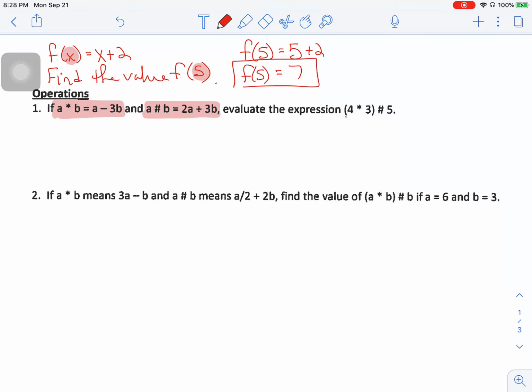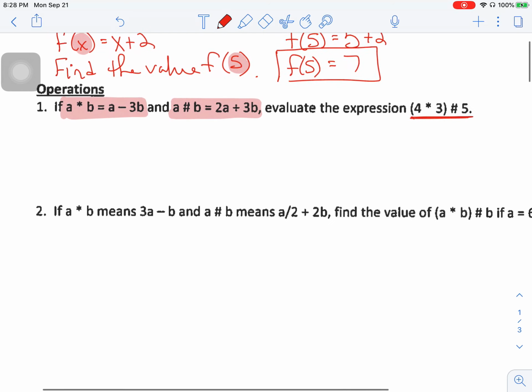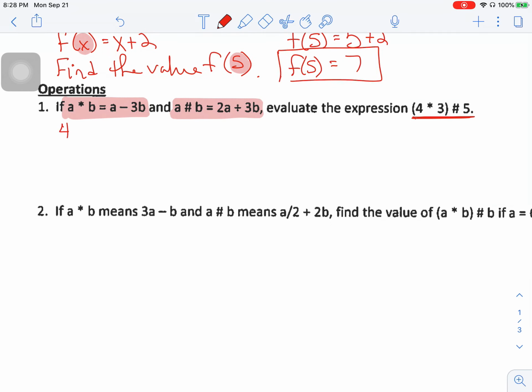So I'm going to come down here and take a look at my expression. So 4 asterisk 3, and then that quantity hashtag 5. So order of operations kicks in. What we have to do first is 4 asterisk 3. So follow the order. A comes first, 4 comes first. So A is equal to 4.